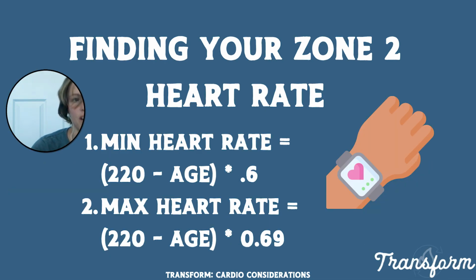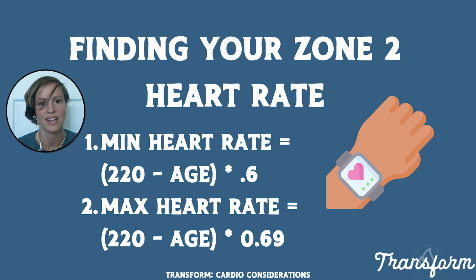So if you're going to find your zone 2 using the calculation method, you basically find your max heart rate. In order to do that, you take 220 minus your age. So that's your theoretical max heart rate, because people can get their heart rate higher than that.